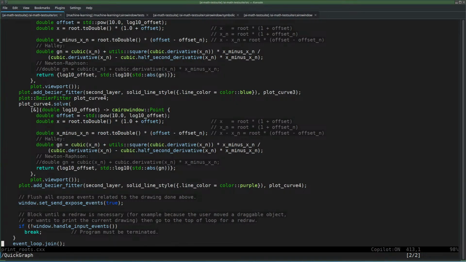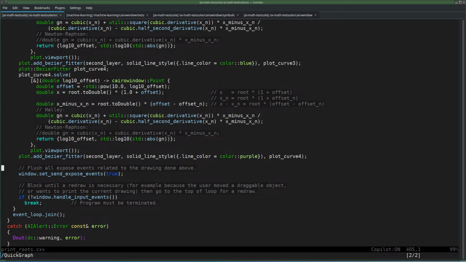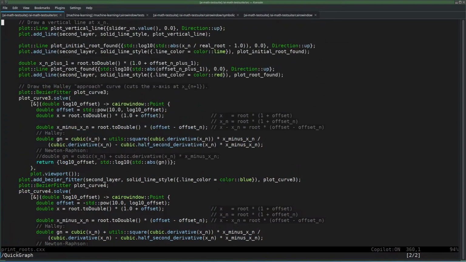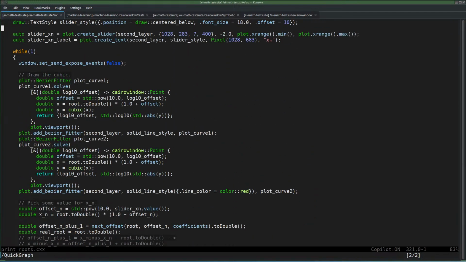So 4 curves. Plot curve 4, plot curve 3, plot curve 2 and plot curve 1. So you have 4 curves apparently. Now which is which?